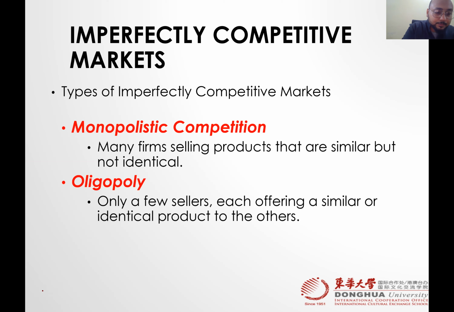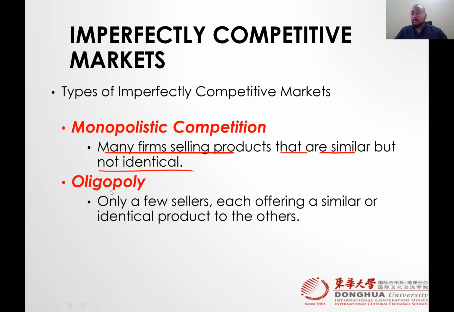So monopolistic competition is a market in which there are many firms selling products that are similar but not identical. What are the products in perfect competition? All the products are identical, but here products are similar but not identical.